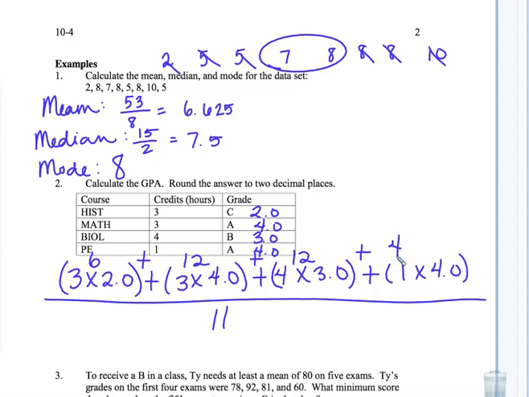So I'm still adding and dividing by how many I have. When I add those up, 6, 12, 12, and 4, that's going to give me 34 divided by 11. And when I divide that, I get approximately 3 9/100 repeating. So that is my GPA for that semester.